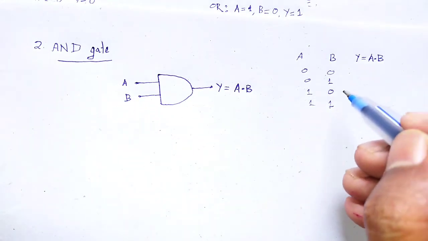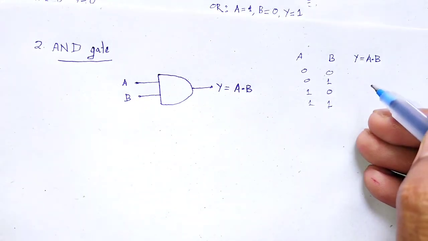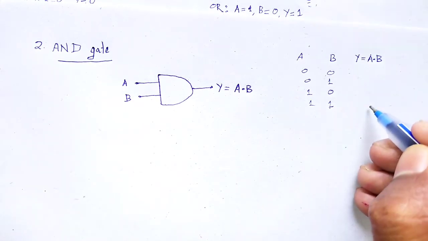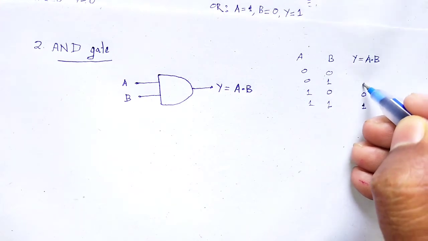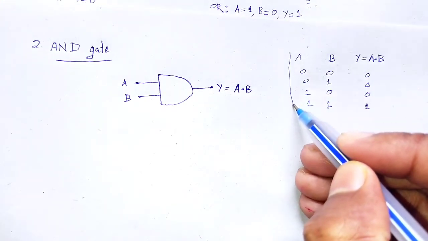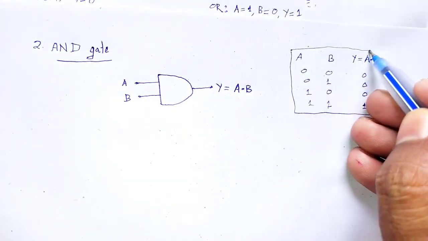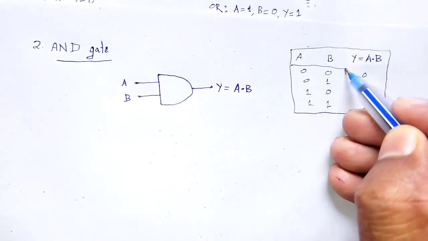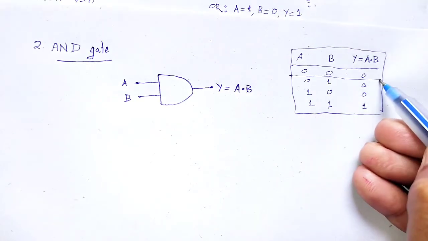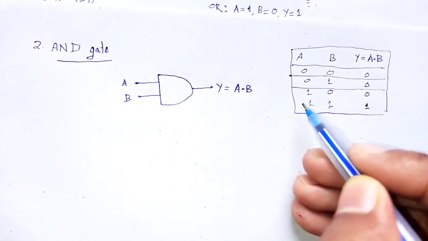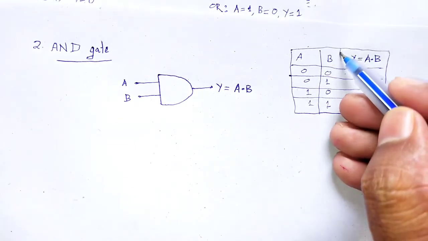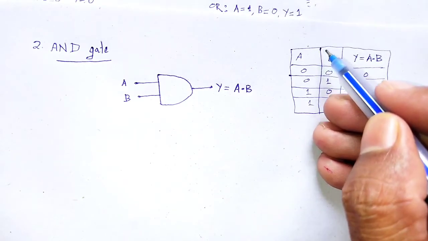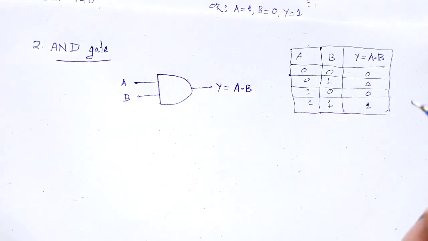The AND gate results 1 when both the inputs are 1, otherwise it will be 0. Let us realize the AND gate by using diodes.